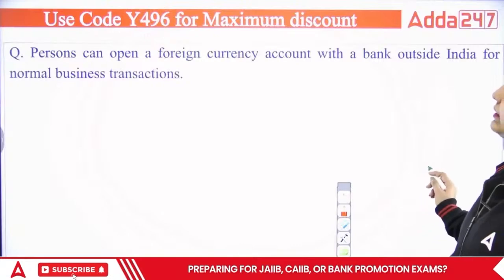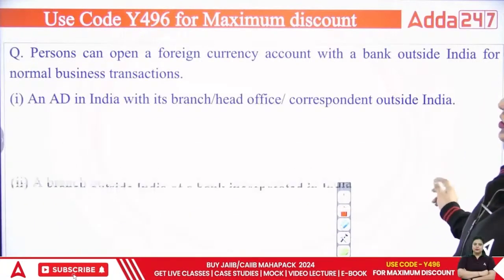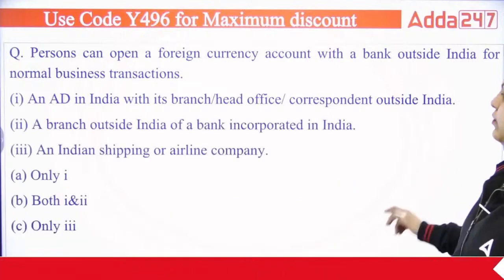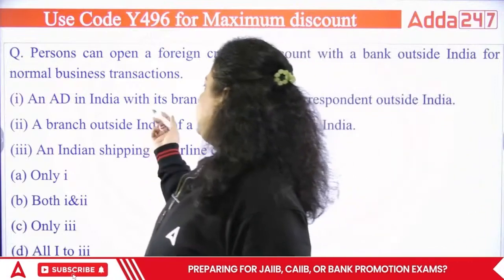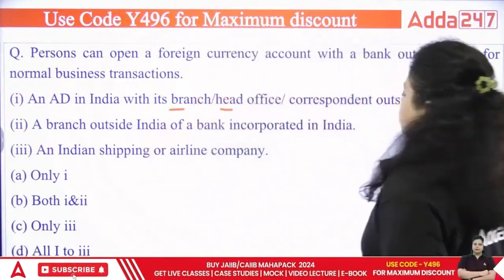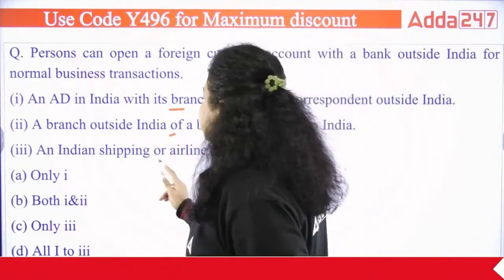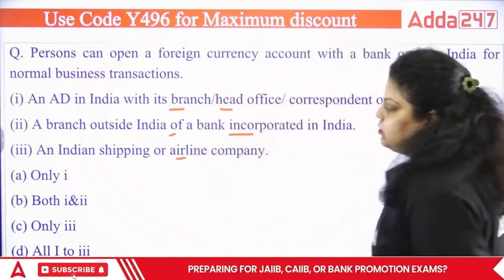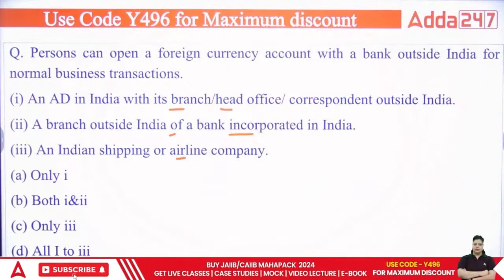Next we have which person can open a foreign currency account with a bank outside India for normal business transaction, and these are the statements in front of you. First is saying an authorized dealer in India with its branch, head office, correspondent outside India. Second is saying a branch outside India of a bank incorporated in India. Third, an Indian shipping or airline company. Only 1, both 1 and 2, only 3, all 1 to 3.